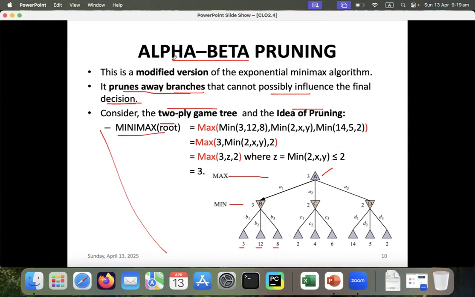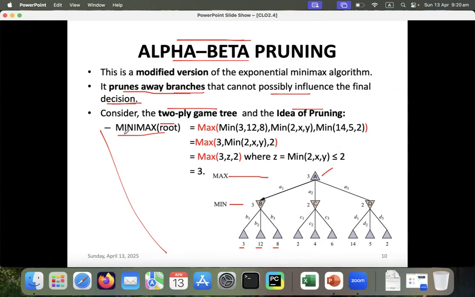We said that this algorithm, alpha beta pruning, is similar to that previous minimax algorithm, but the only difference is it filters away the branches which are not needed or which are not contributing in the final answer of the game or search tree.